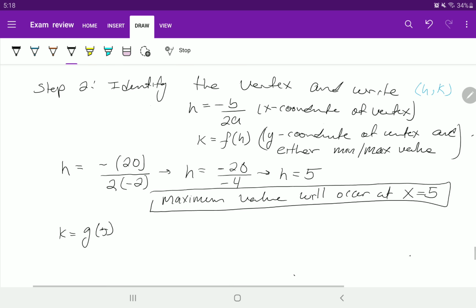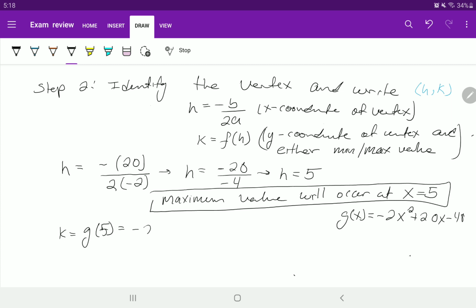The function, once again, g of x equals negative 2x squared plus 20x minus 48. Let's plug that in and see what we get. So negative 2 times 5 squared plus 20 times 5 minus 48.